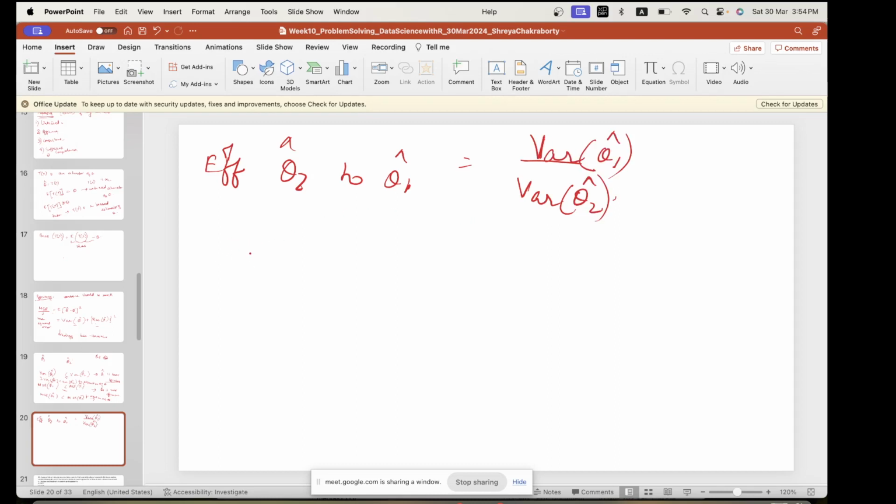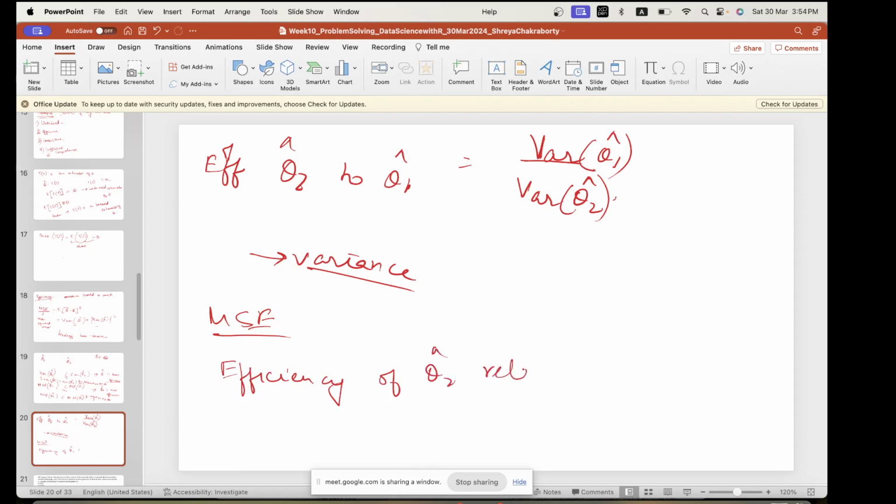This is in terms of variance. In terms of MSE, the efficiency of theta 2 hat relative to theta 1 hat would be the same thing: 1 by MSE of theta 2 hat over 1 by MSE of theta 1 hat.